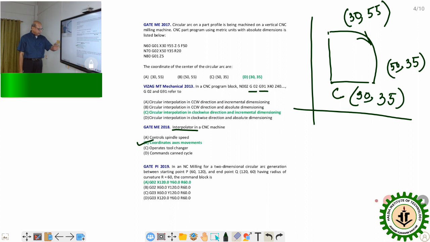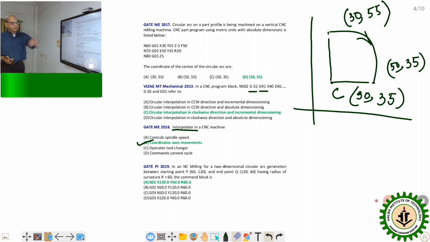GATE PI 2019 question. In an NC milling for a two-dimensional circular arc generation between starting point P, that is 60 120, and end point Q 120 60, having radius of curvature R equal to 60, which of the following command blocks is appropriate to execute this one? So the tool is supposed to move from starting point P to the end point Q following a radius of curvature R60.